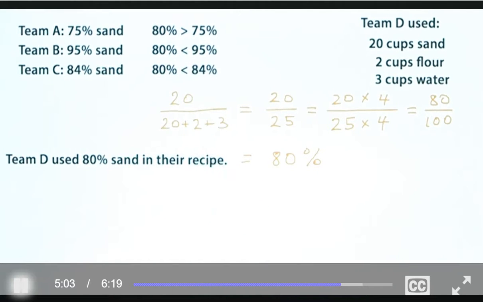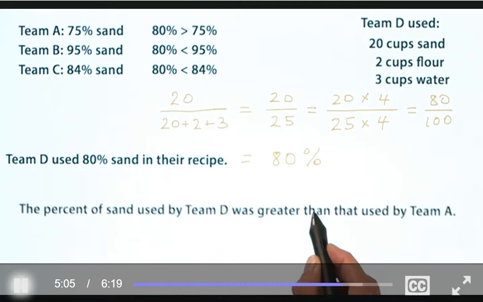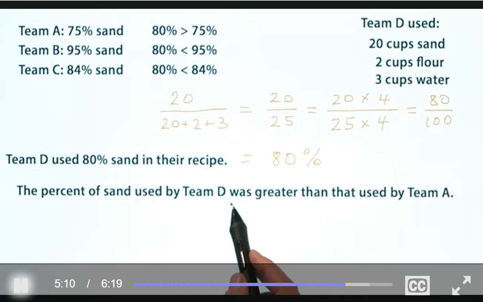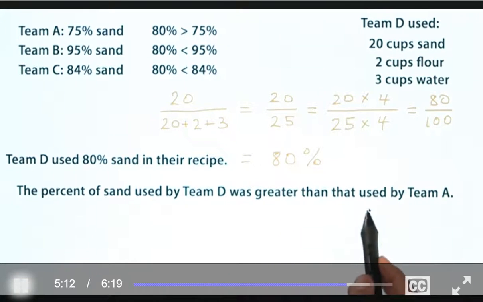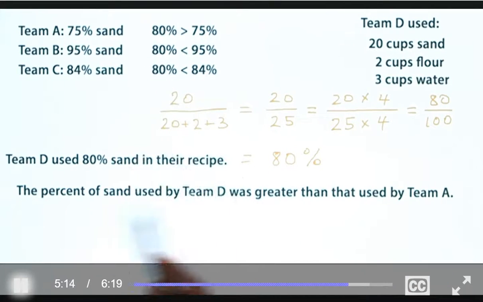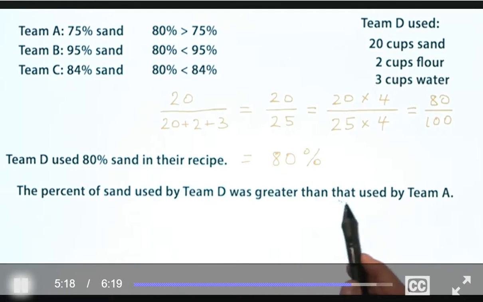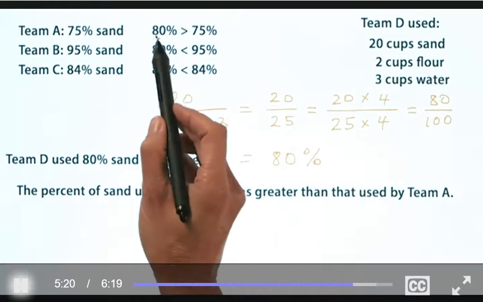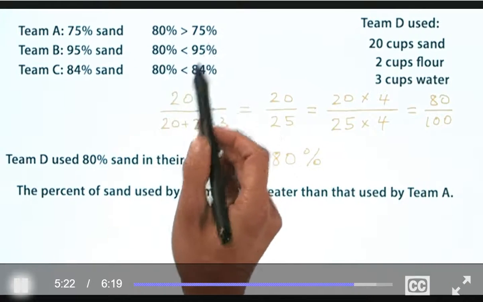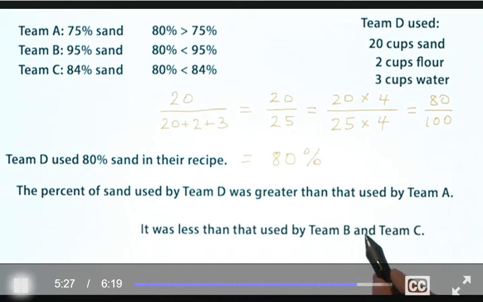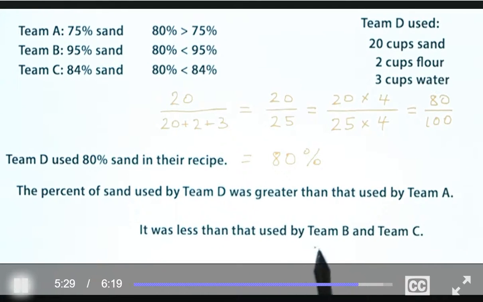So the percentage of sand used by Team D is greater than that used by Team A, because 80% is greater than 75%. But for B and C, it's the other way around. It's less than the percentage used by B and C.